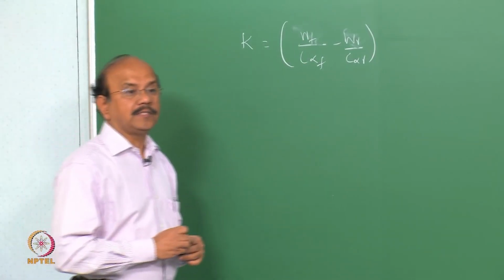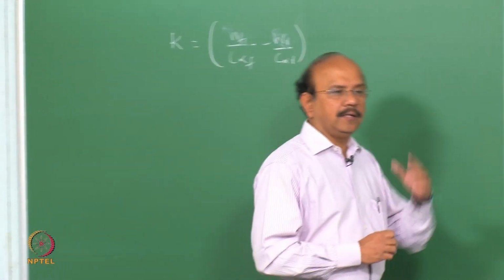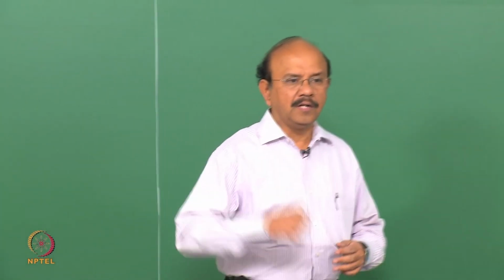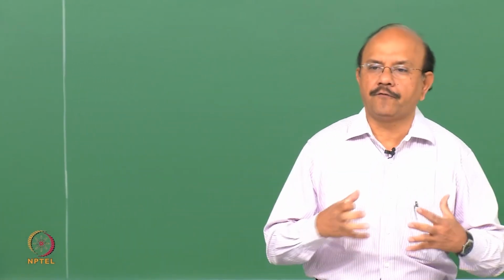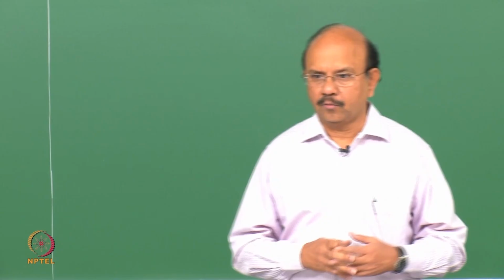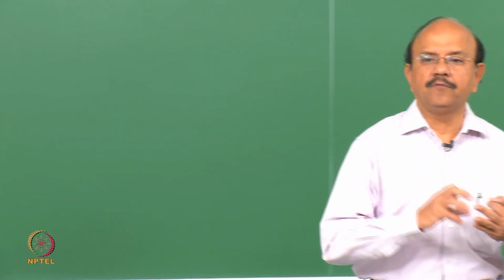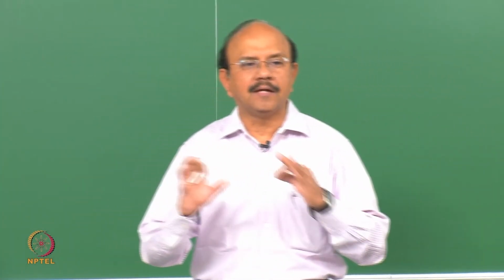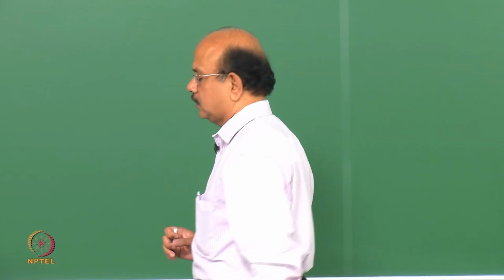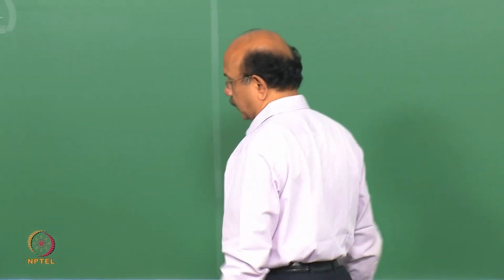Remember, what are the assumptions that we had made in our bicycle model in order to obtain the definition for this understeer gradient? One is that we neglected the roll. Number two is that we assumed a linear behavior of the tire, right? And we neglected all other aspects of suspension and steering.